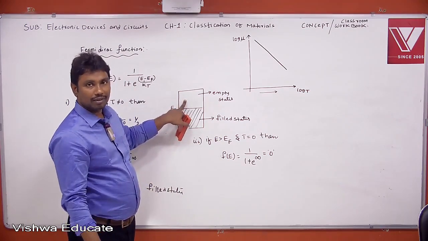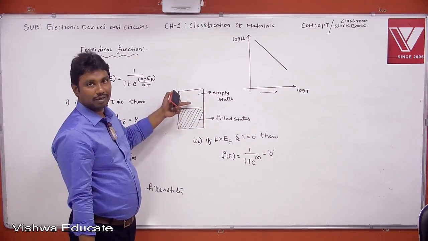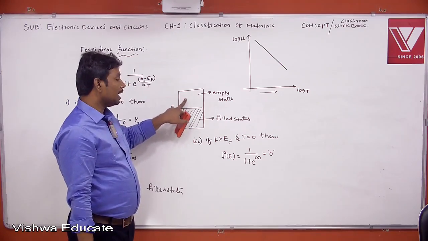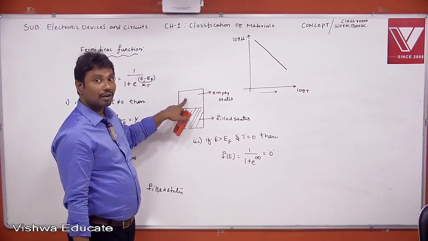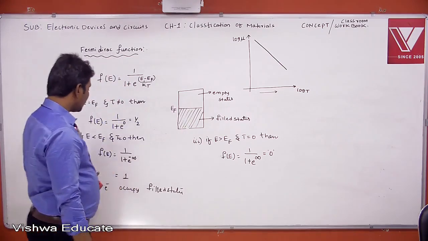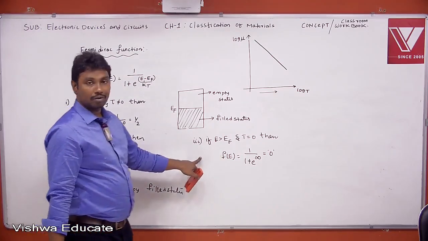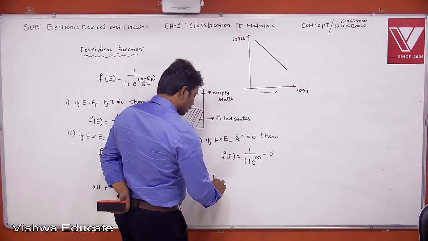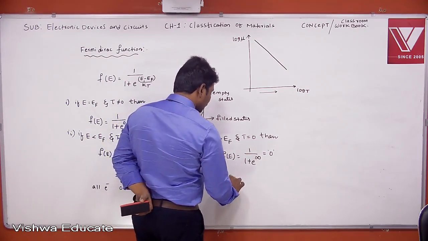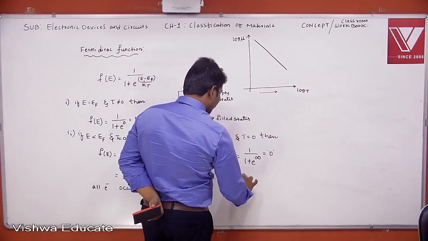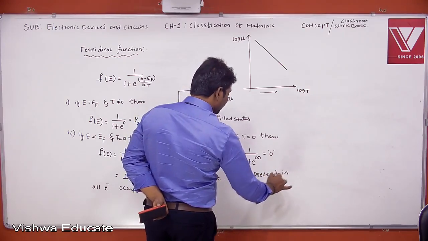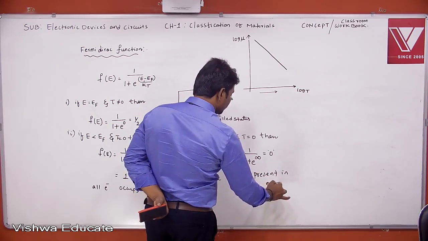Probability equal to 1 means it occupies the empty state, but here the probability equal to 0 means it will not occupy the empty state. Then where will it occupy? The filled state. This is the occupying condition and this is the not occupying condition. That means probability equal to 0 means no electron is present in the empty state.